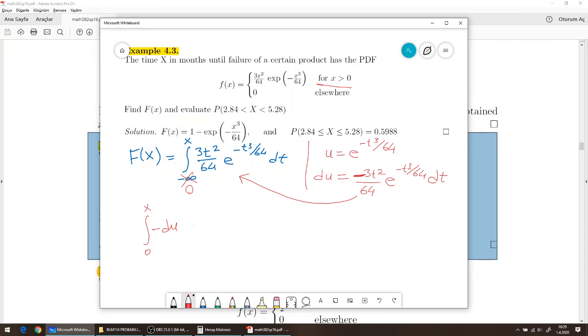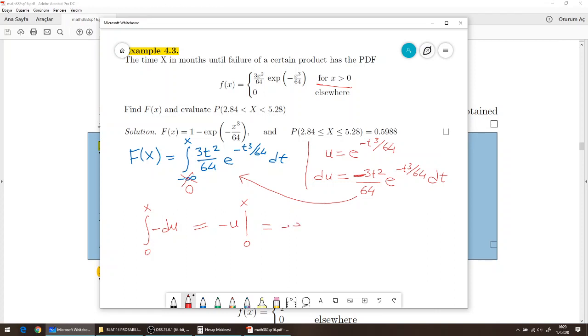How can you integrate it? Minus du means it is minus u from 0 to x. And what is u?